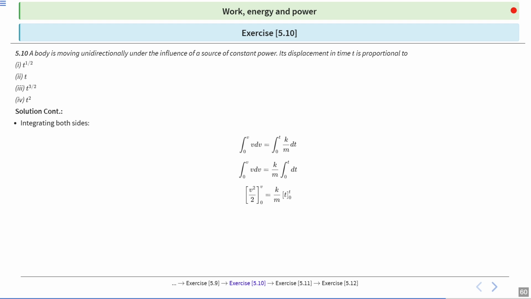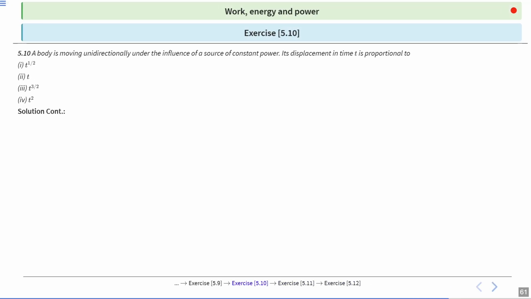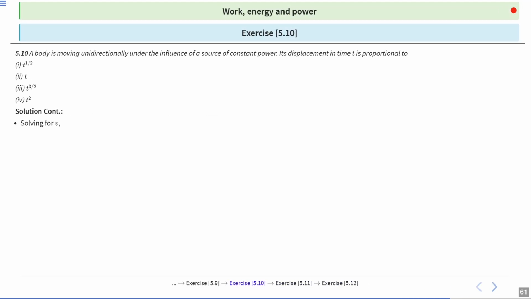When we put the limit, we get v square minus 0 divided by 2 is equal to k by m into t minus 0. Yes or no? So v square by 2 is equal to kt by m. So v square is equal to 2kt divided by m. So v is equal to under root 2kt by m.